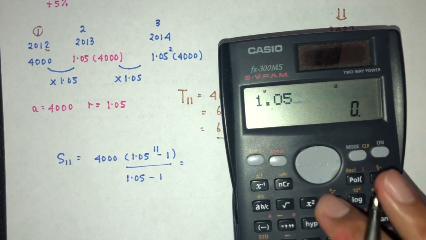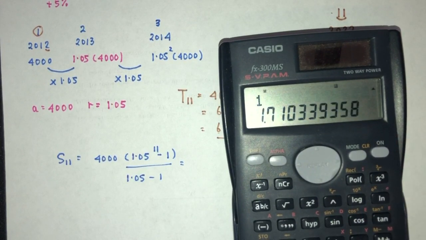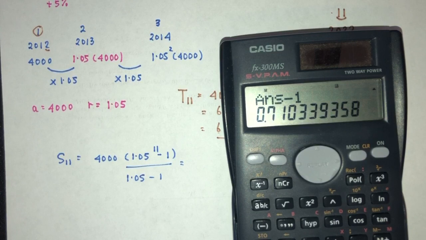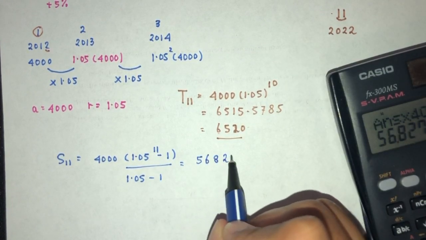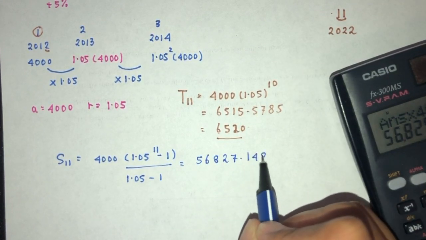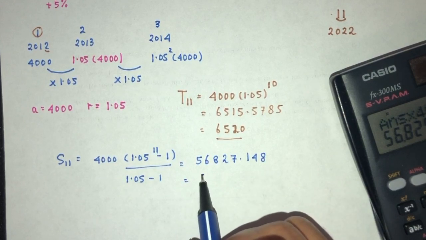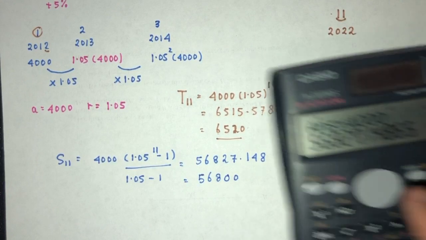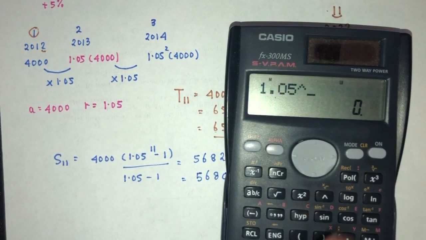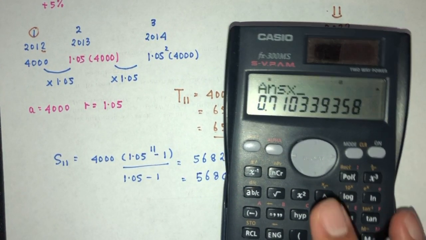So 1.05 power 11 minus 1, divided by 0.05, times 4,000. That should be 56,827.148. So 3SF should be 56800.